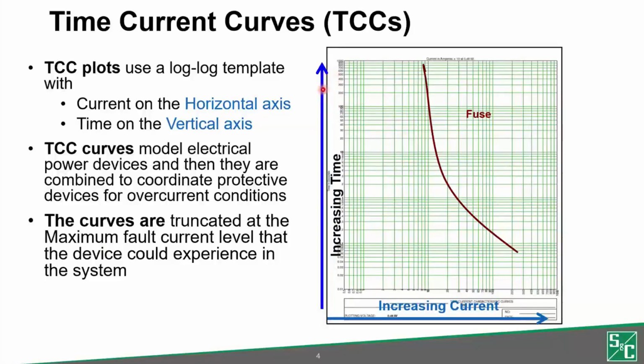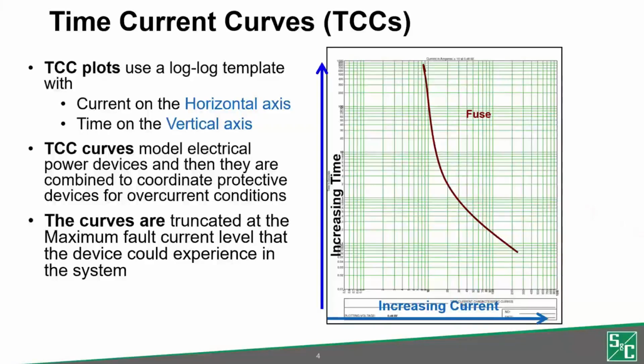You can see that this is a log plot with increasing current on the horizontal axis and increasing time on the vertical axis, respectively. The curve over here is representative of the time it would take for an overcurrent device to see the fault and clear the fault.